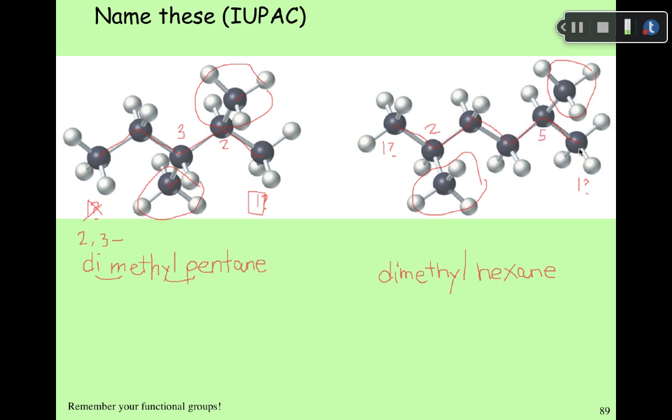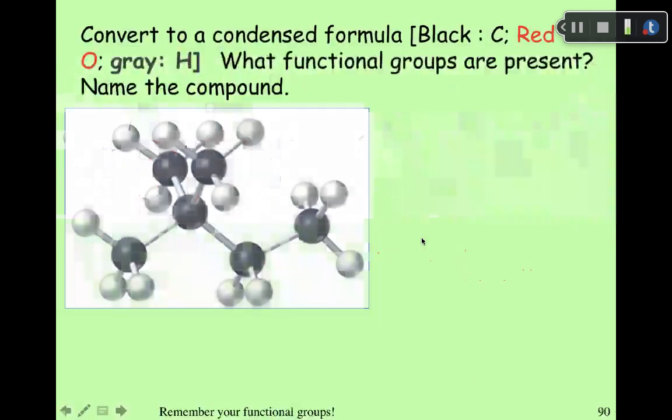But if you count the other direction, you get the same thing. And so this compound is symmetrical. It doesn't matter which way you number it, they'll come out the same. And so the numbers for the 2 substituents both have to be included. I could have put it on the same line, and I just didn't. 2,5-dimethylhexane.